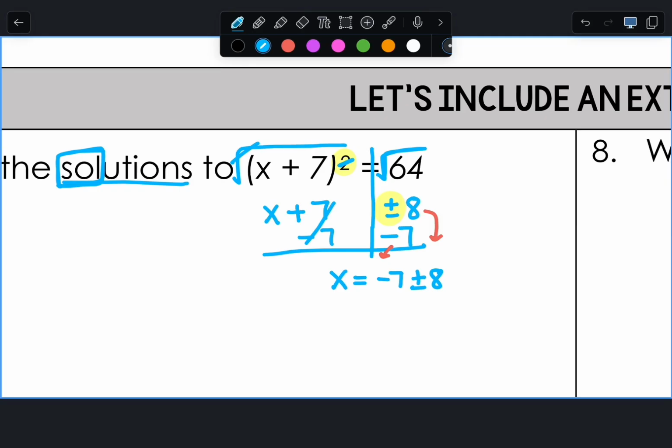Now, we can continue. There are whole numbers on both sides of that positive negative symbol.